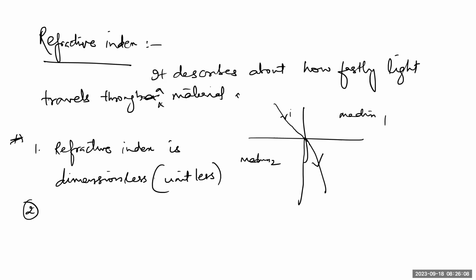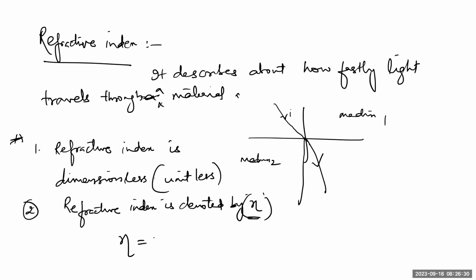Why is it dimensionless? Because of what the refractive index is. First of all, refractive index is denoted by small n. Now we have written in the previous class, n is equal to the speed of light in vacuum divided by the speed of light in medium. This is the formula for the refractive index. We have written it yesterday in the previous class.